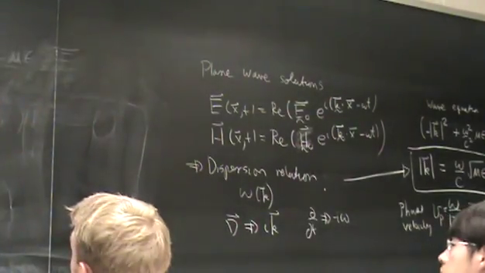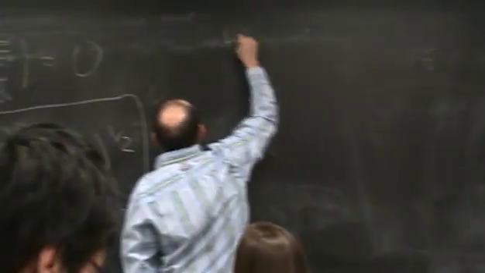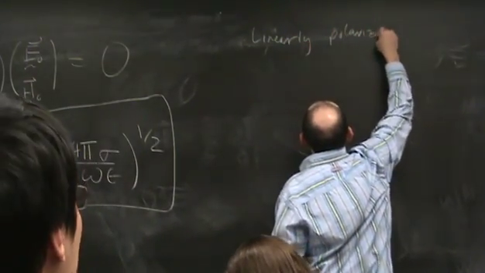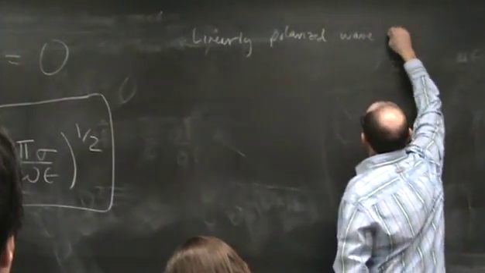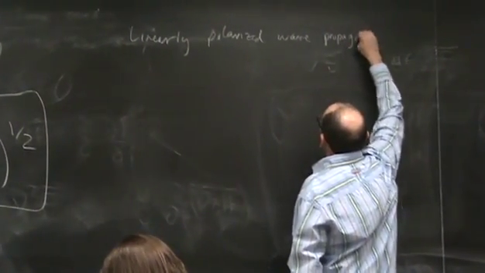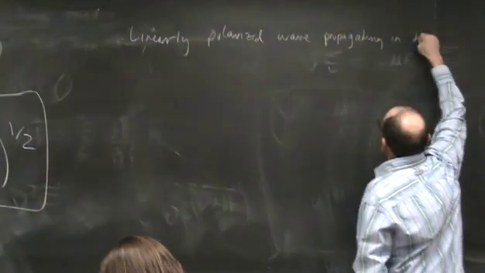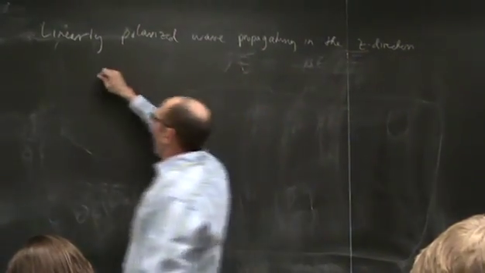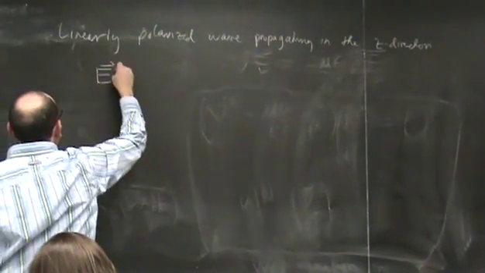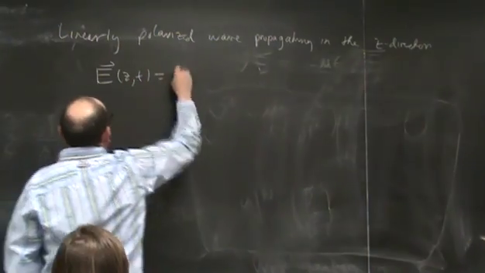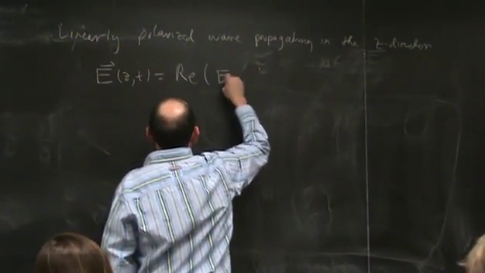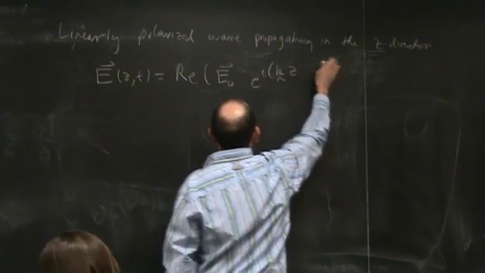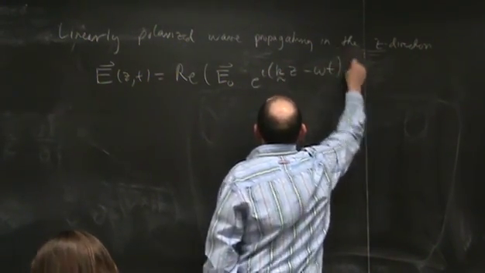Let's say I have a linearly polarized wave propagating in the z direction. So let's look at E, a function of z and t, is the real part, so real vector E0, e to the i k tilde z minus omega t.